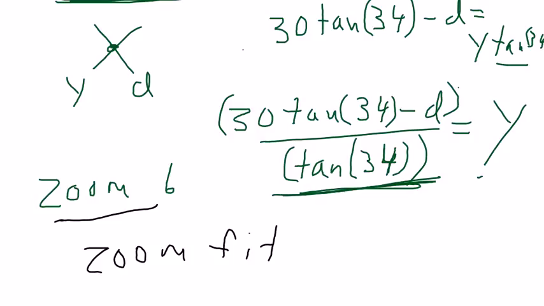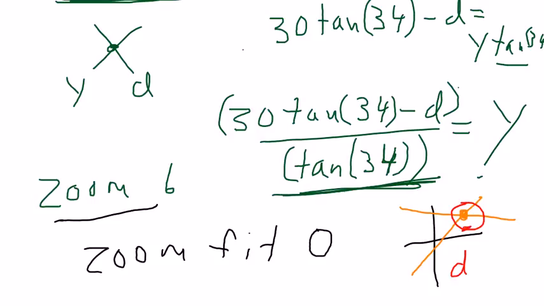I don't know what it is on your particular calculator, but zoom fit, and when you do that, you get a cross. They cross right about here. And the x value of this point in your calculator would be the d value. The distance equals 5.46 miles.